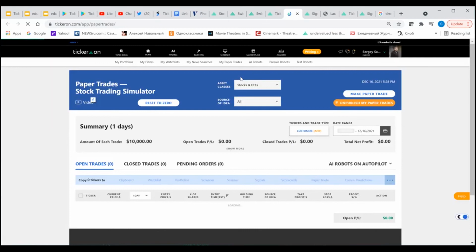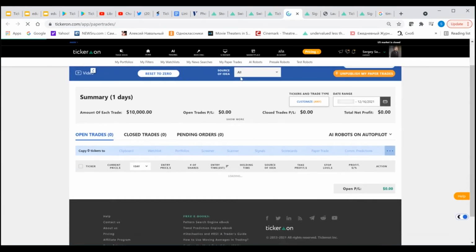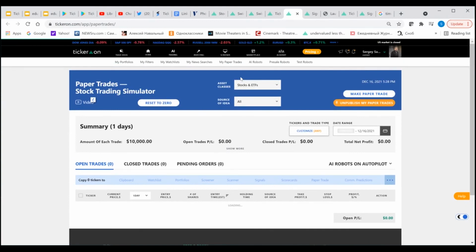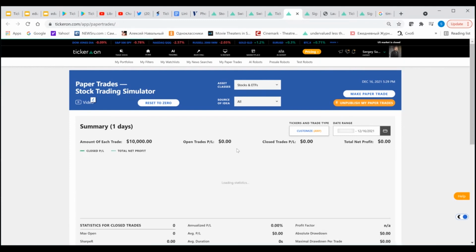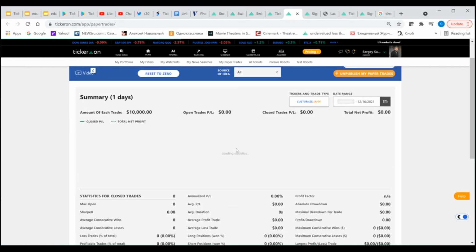Paper trades allow you to get confidence in our technology or your own intuition. You trade as if you have your own money, but you don't. That way, when you trade on a paper trade stock trading simulator, you get your own statistics and you know how you trade.